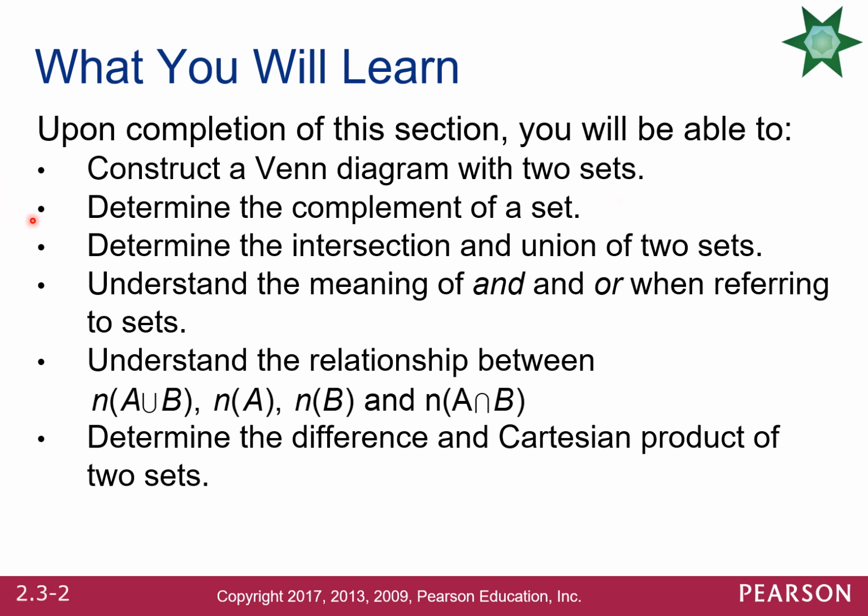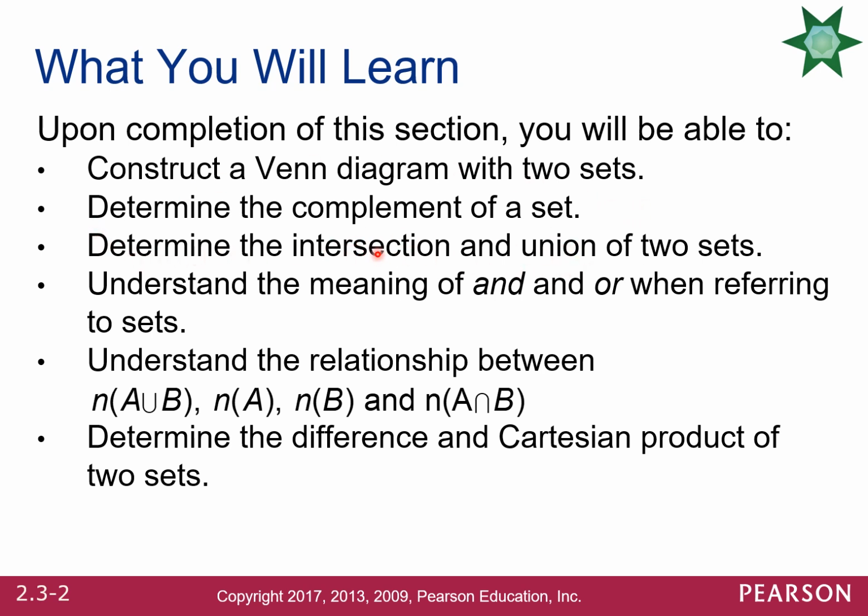Then we will have to determine the complement of a set. For that, we have to understand what the word complement means in regards to set theory. And then once we understand that, we should be able to determine what the complement of a set is, and then determine the intersection and union.